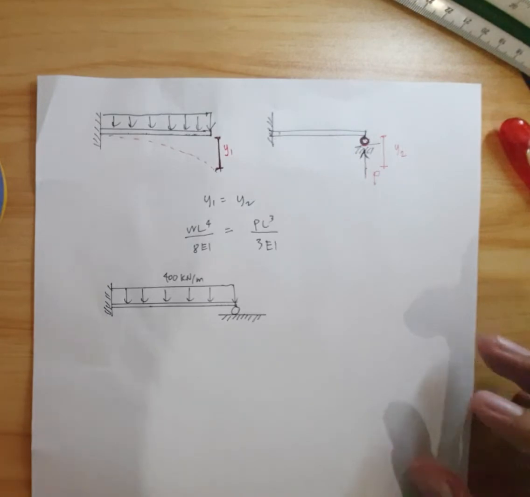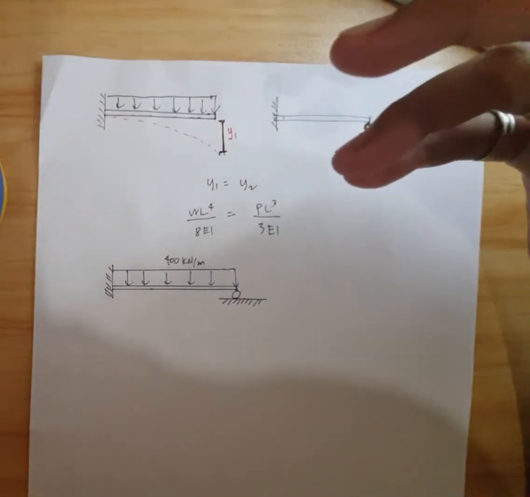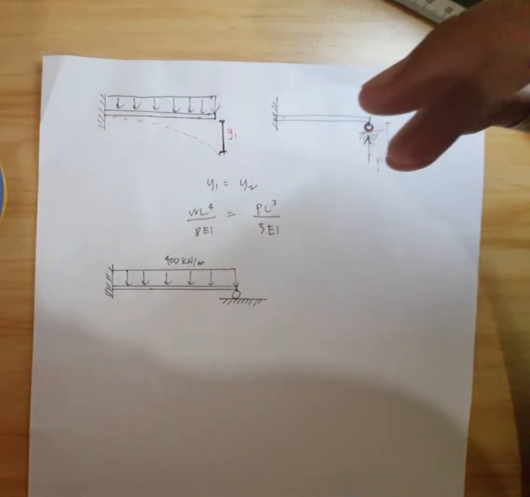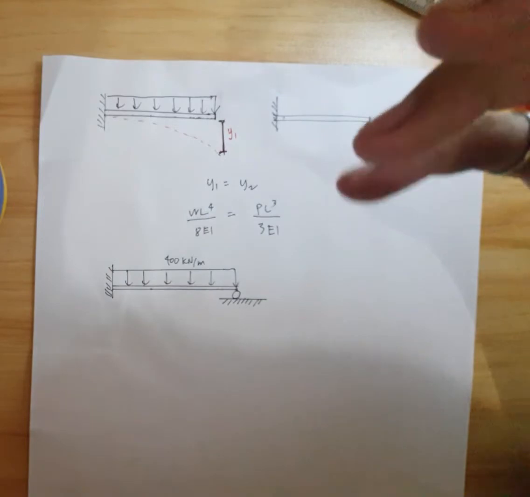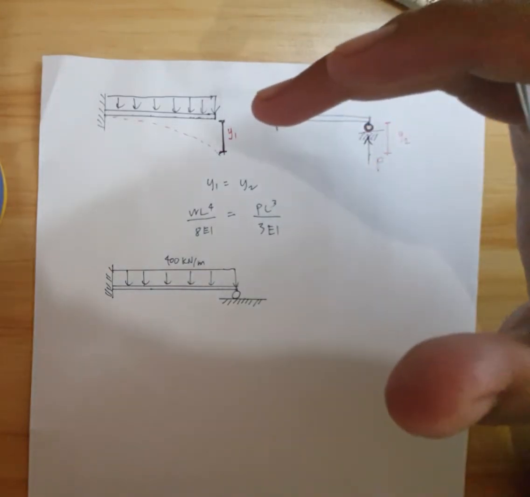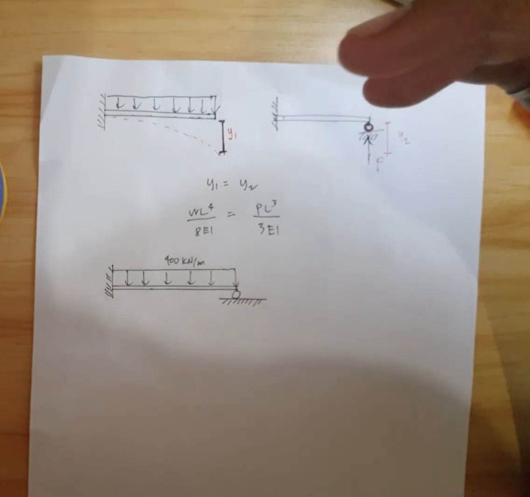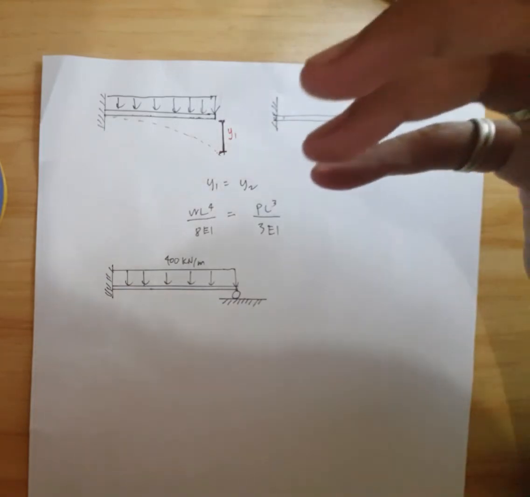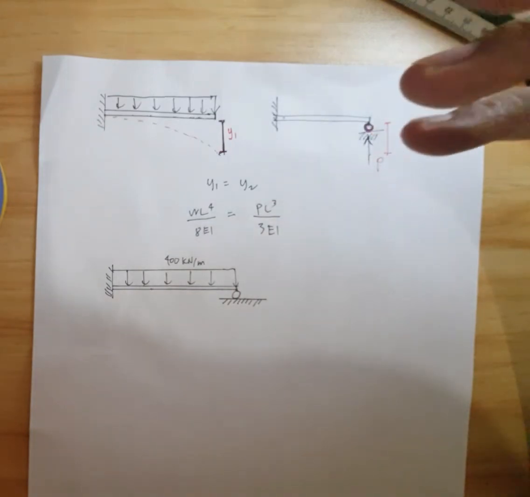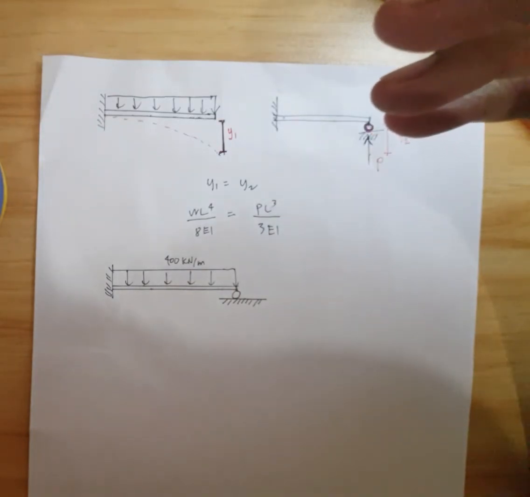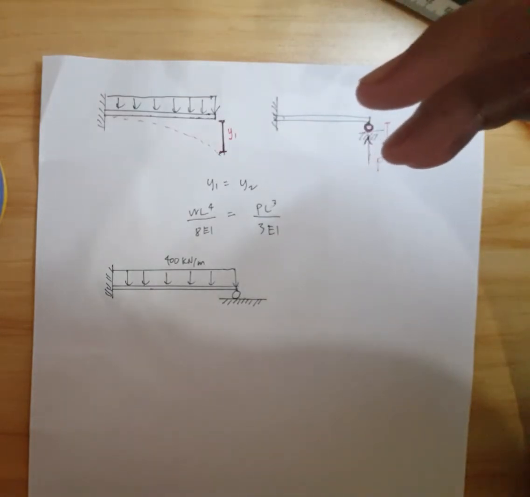Okay, so take note nga natay daghang pamaagi sa pag-solve og deflection, pero every method, every technique is more applicable depende sa sitwasyon. Say for example, in a simply supported beam, mas convenient gamiton ang area moment.